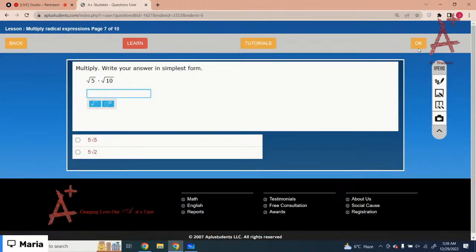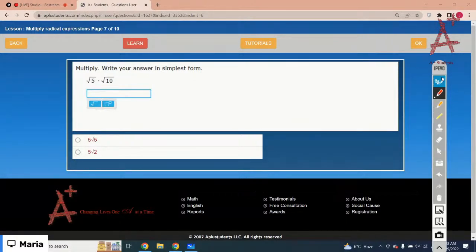So square root 5 times square root 10. Yeah, you have to use the multiplication property of square root. So you can write them in the same square root and then write down the prime factors for both the numbers. Got it?